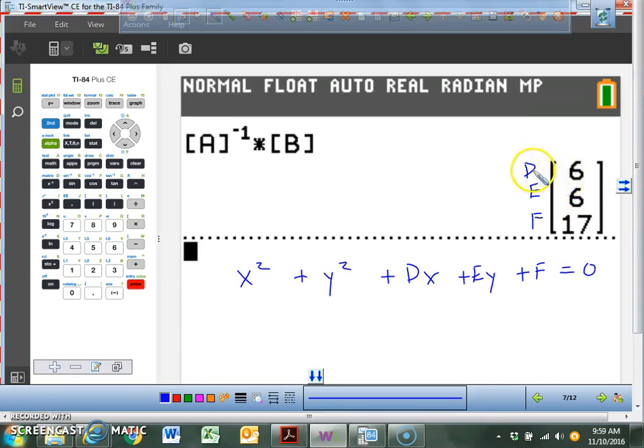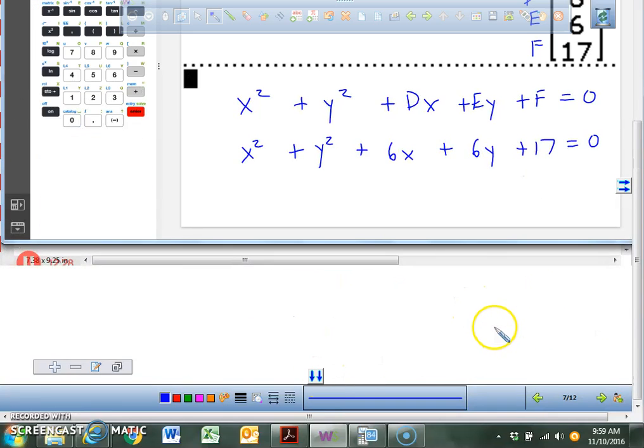All right, now that we have D, E, and F, we're going to use this general equation: x squared plus y squared plus 6x plus 6y plus 17 equals 0. Now you have a problem like the ones on the front page when you were working on it. Problems 3 and 4 are like this.